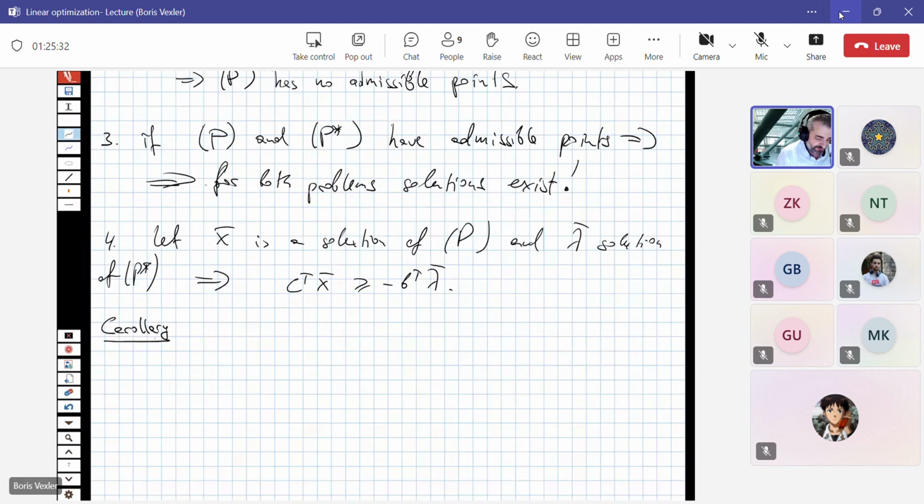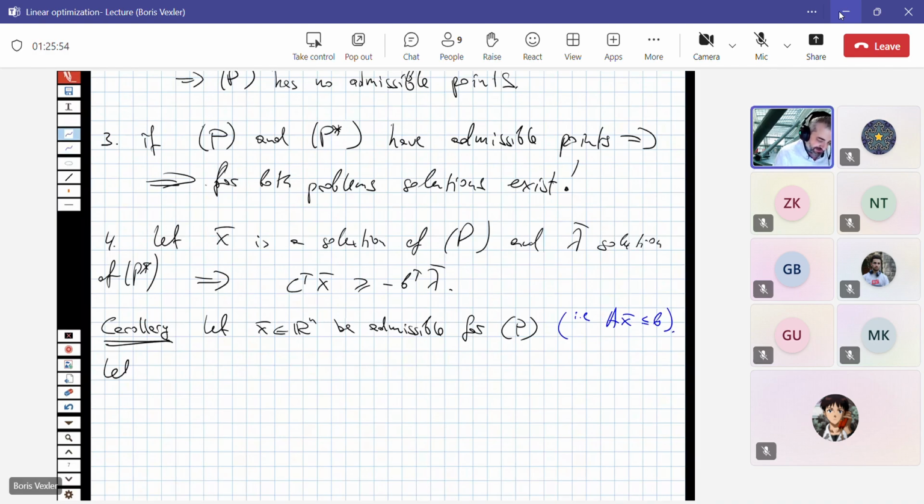Corollary from the duality. The corollary is the following. Let x bar in R^n be admissible for the problem P. Again, you remember what that means? It means that A x bar is less or equal than b.